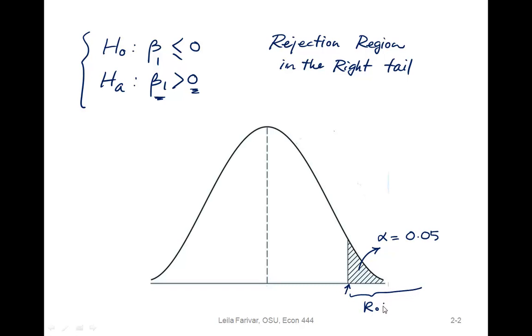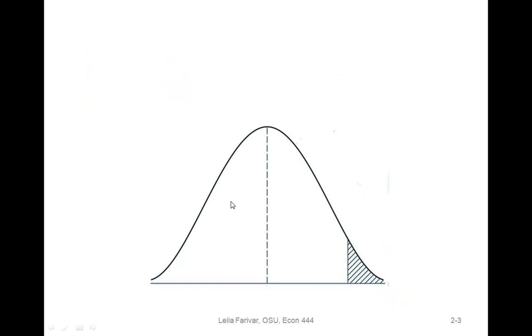So the rejection region would be any value of t that is larger than this border point here. To find this border point, we need to refer to the t-table. So let's quickly look at the other two types of hypothesis testing.